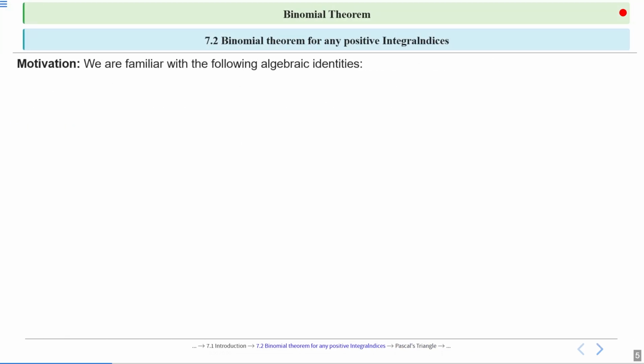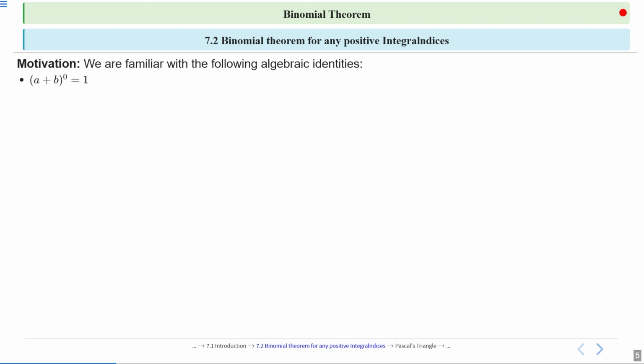Now we will look at some identities that you already know. We are familiar with the following algebraic identities. a plus b whole to the power 0 is equal to 1.